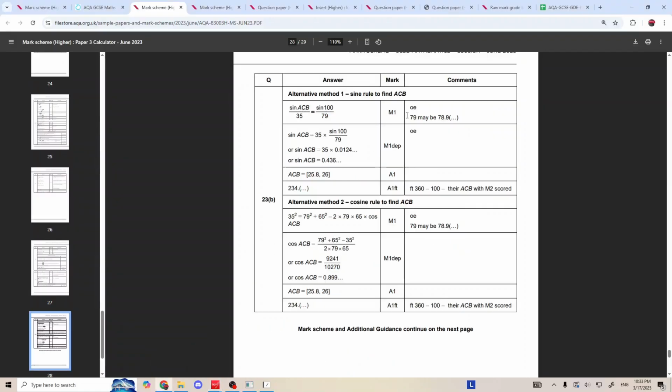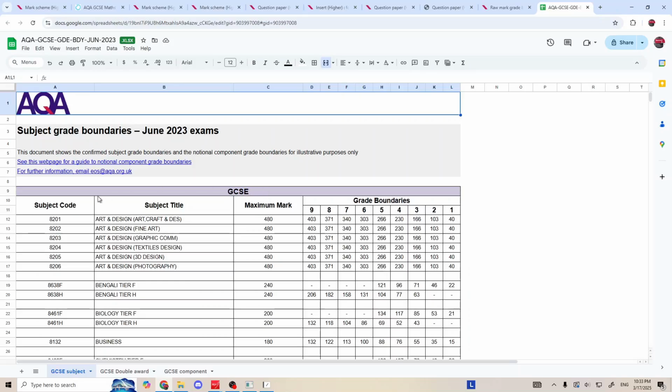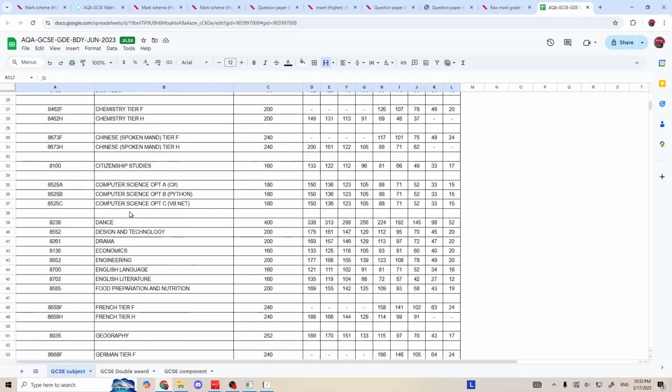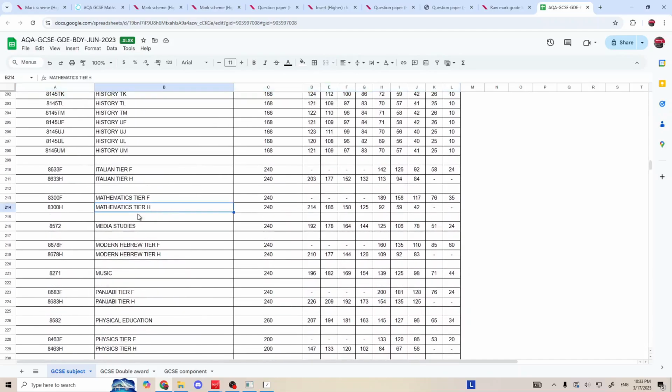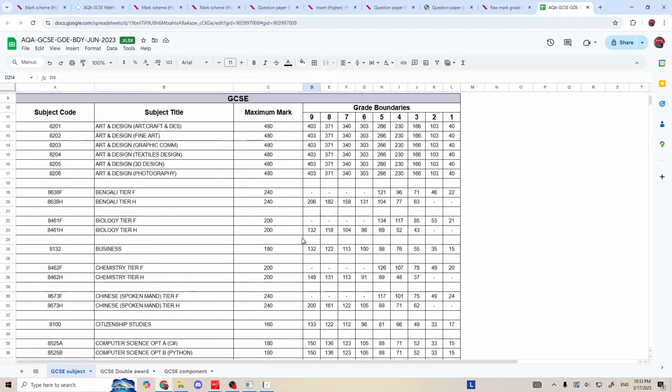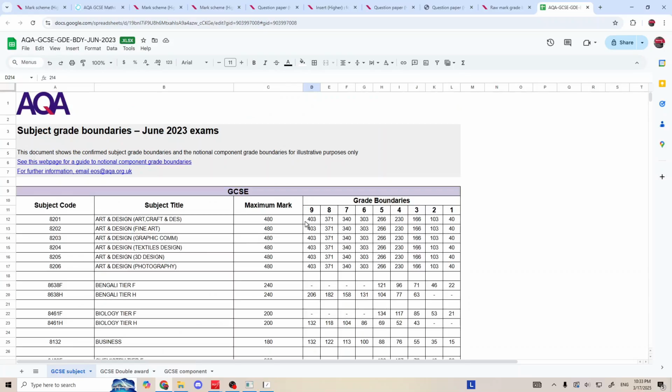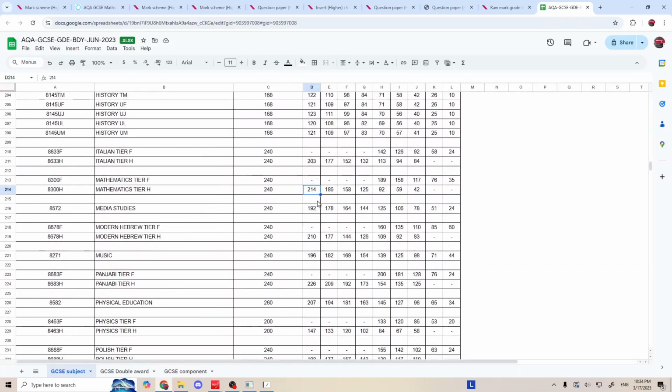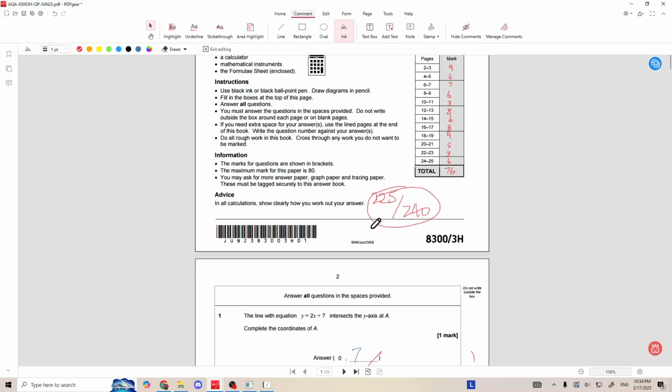If you look at the mark boundaries for June 2023, when this paper was taken, Mathematics tier H is what I did because it's higher. The grade boundary for 9, the highest grade, is 214 out of 240, and I got 225, so I got a 9. Woohoo!